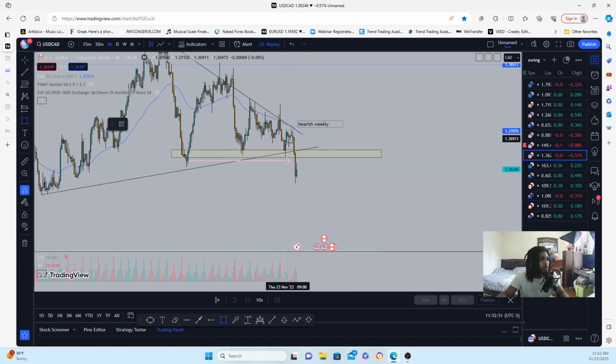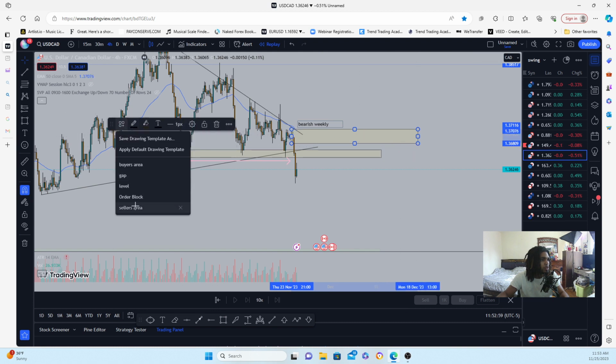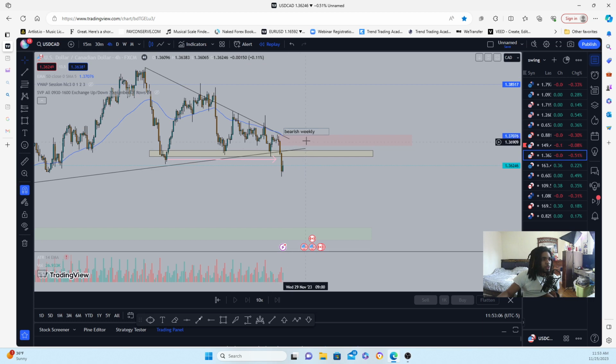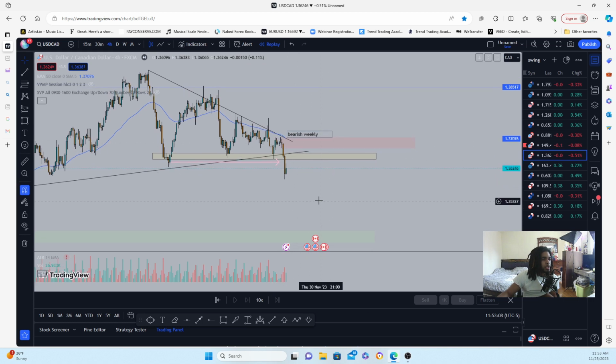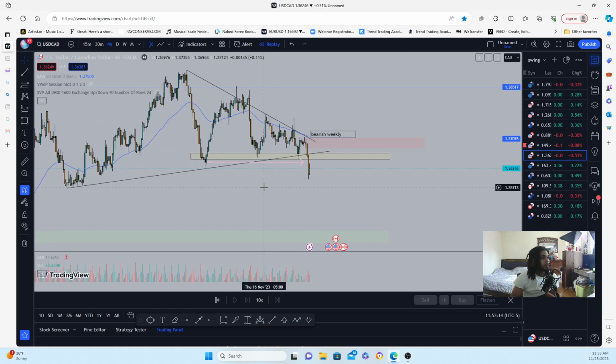My next area is where it came up. We're going to do this one a little wider. Basically we're looking at this area right here to see if it taps back into it. All right, and that's USDCAD.